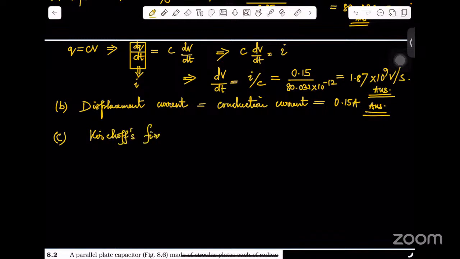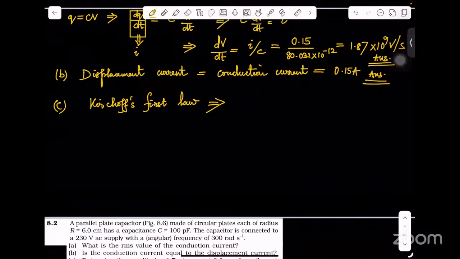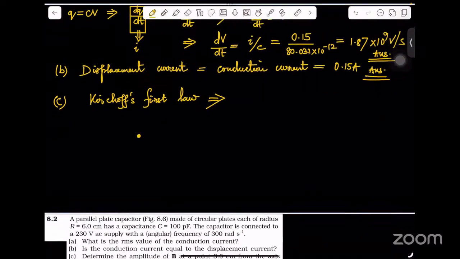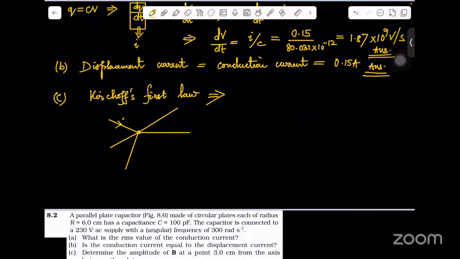Kirchhoff's first law states that if we have a junction here, and a junction means that many current-carrying wires are meeting here, there can be currents which are coming into the junction, and there can be currents which are going out of the junction, or away from the junction.